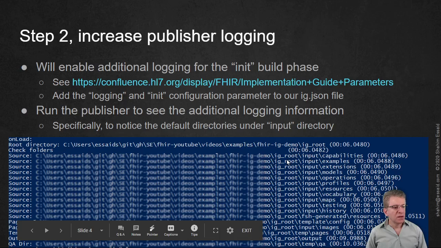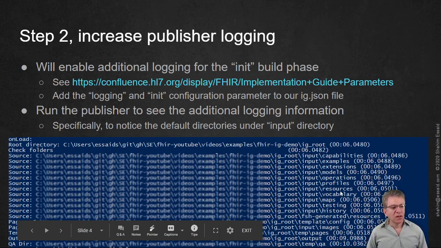If you follow through here, you see the IG root input. The input is the parent source directory, and you could see that by default, the publisher looks for directories that are called capability, examples, extensions, models, profiles, resources, vocabulary, and so forth. If you remember, I mentioned that you need to create at least one of these directories.